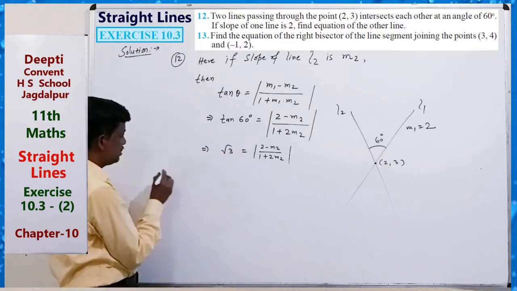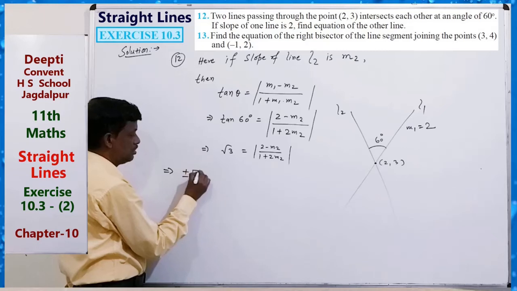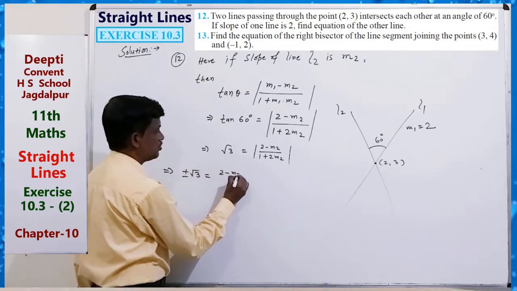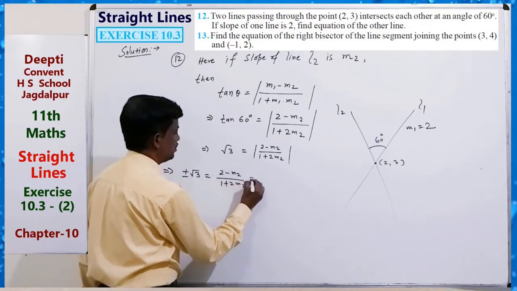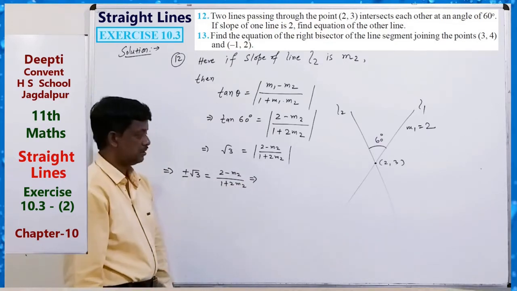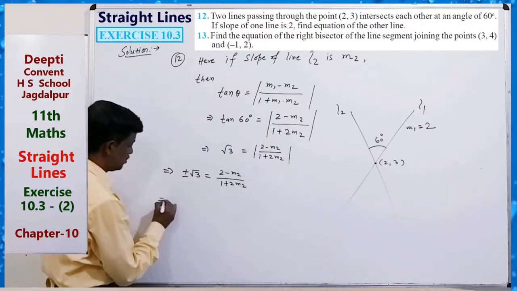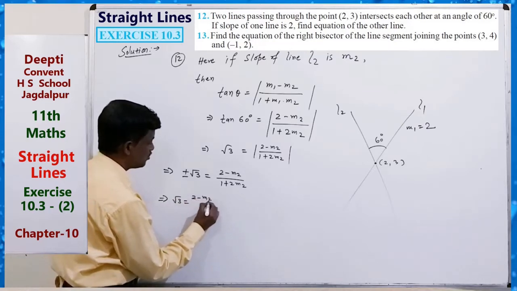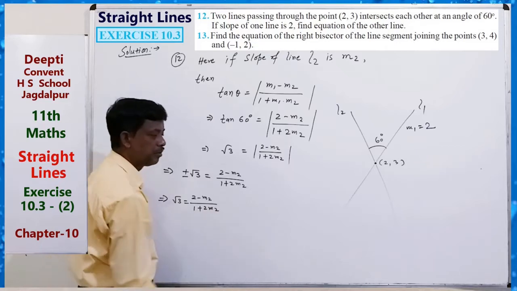So, removing the modulus sign, we can write plus minus root 3 equals (2 minus m2) upon (1 plus 2 m2). That is, root 3 equals (2 minus m2) upon (1 plus 2 m2), or minus root 3 equals (2 minus m2) upon (1 plus 2 m2).